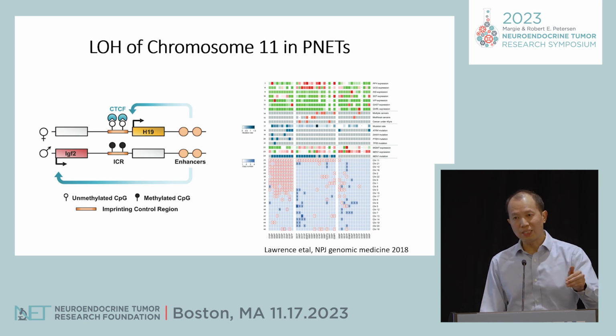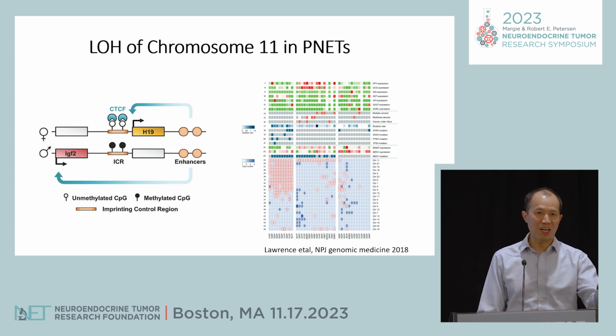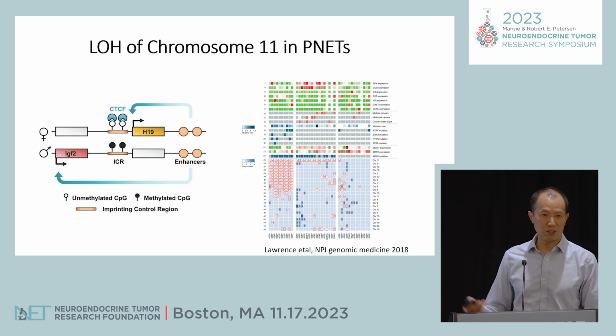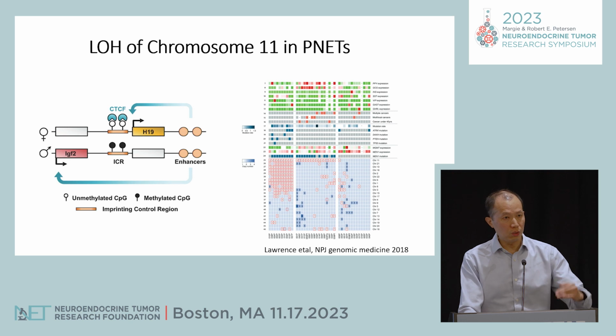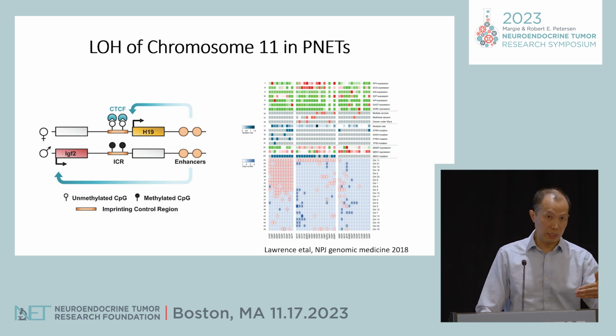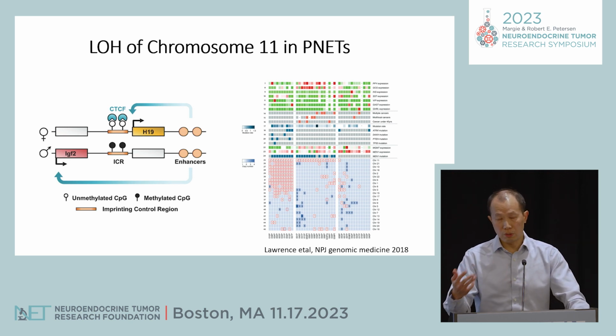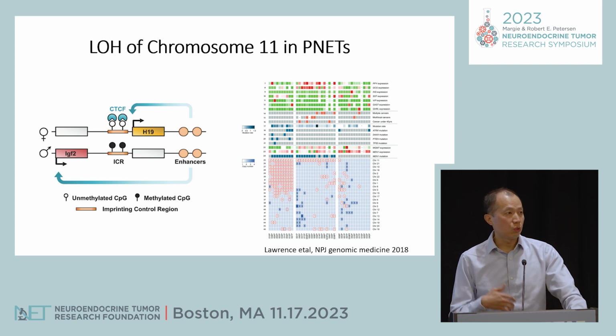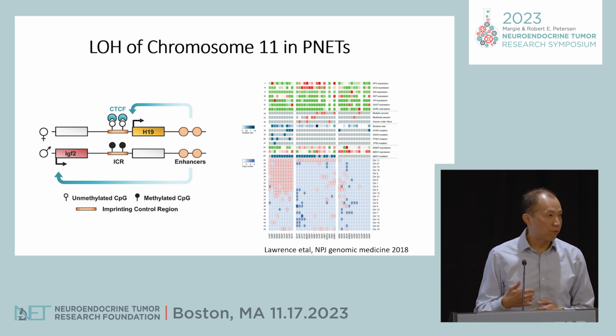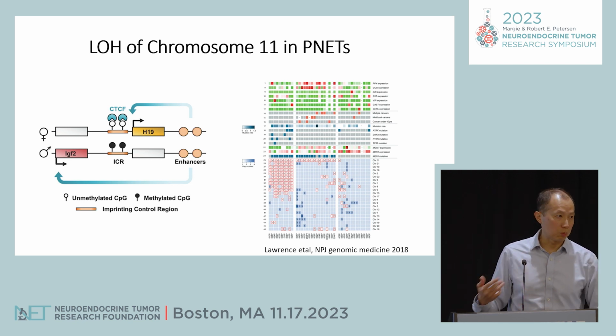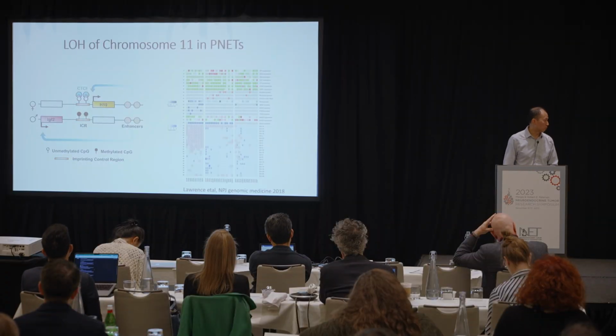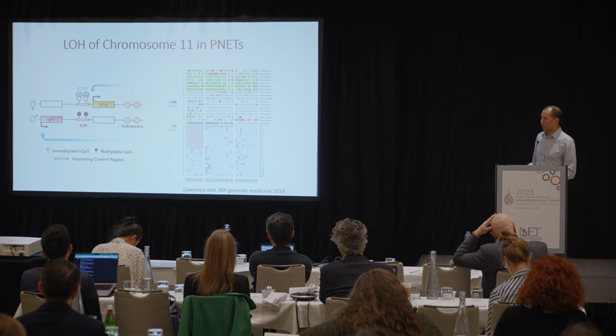If you end up losing the paternal copy of chromosome 11, you lost the copy of IGF2 that's being expressed, and that explains the tumors that have no expression of IGF2. In the tumors where you lose the maternal copy and you retain the paternal copy, then you could have further tumor evolution that may then upregulate the expression of IGF2 for growth signaling. So that's sort of a working model that we have.